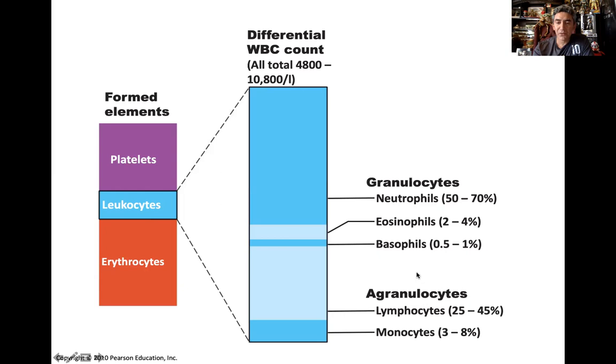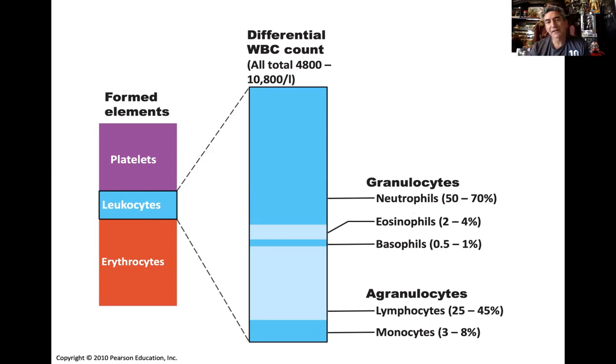So two categories of leukocytes, granulocytes and agranulocytes. The granulocytes, if you notice, are going to end in the suffix "phil," like neutrophil, eosinophil, basophil. And then the agranulocytes end in the suffix "cyte," right? Lymphocyte, monocytes. So what does this mean?